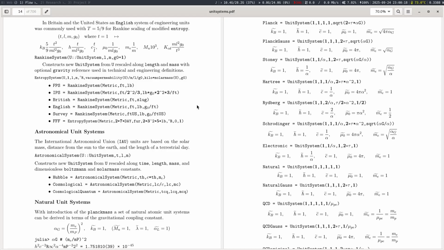Constructs the new unit system from U, rescaled with the length and mass, the optional gravity reference used in technical engineering definitions. So this provides the foot-pound second system, the inch-pound second, the British, the English, the survey foot, the FFF, which is a joke.